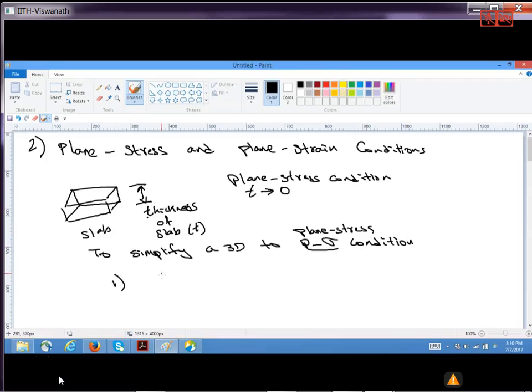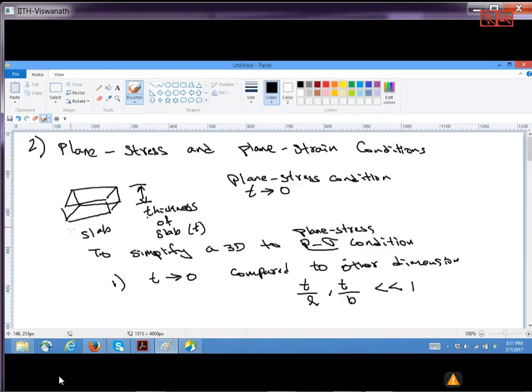First, t has to tend to 0 compared to our other dimensions, or we write t divided by length, comma, t divided by width is much less than 1.